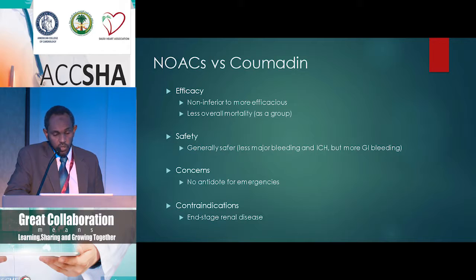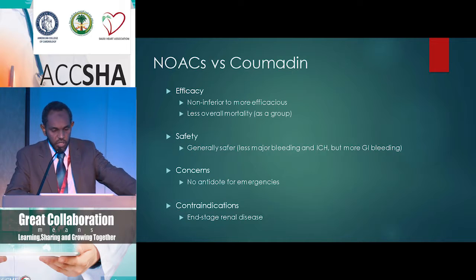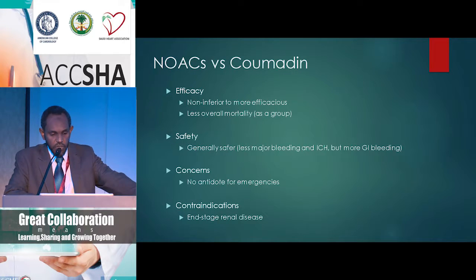And there are concerns about these drugs. Number one is no antidote for emergencies, although this is going to change in the near future. And there are contraindications in patients with end-stage renal disease. These patients cannot use such medications. And the only medication they can use is Coumadin, but actually they still have a high risk with Coumadin.